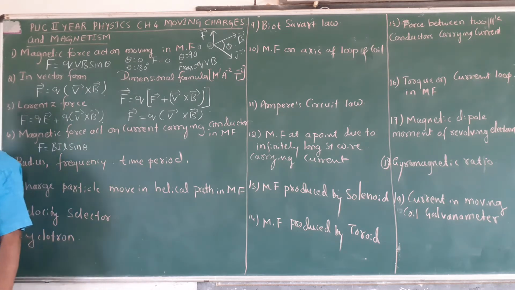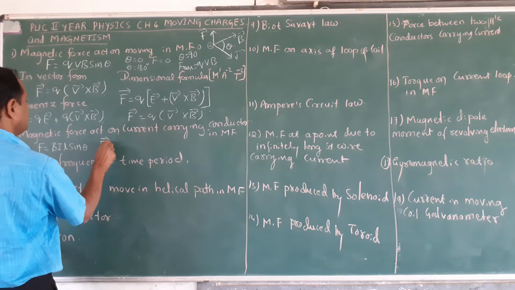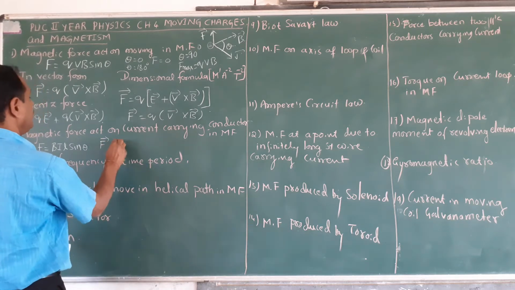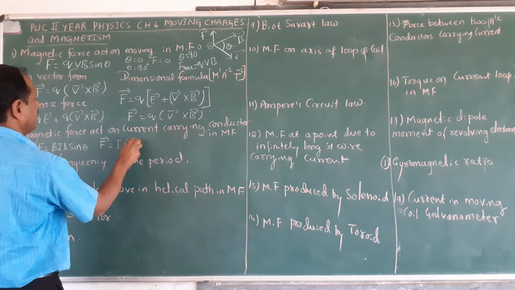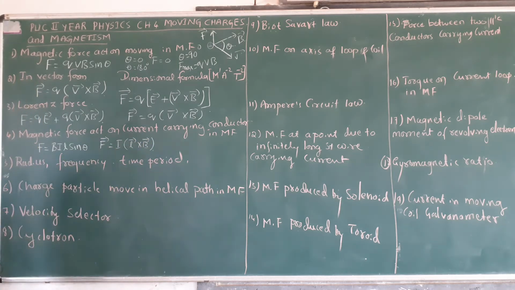Now what is the expression in vector form? In vector form, F = I (L × B), the current times the length vector crossed with B.